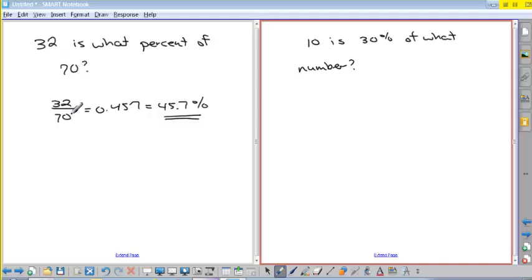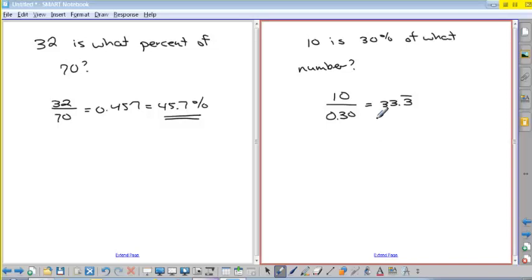So it's the same ratio, but in a slightly different form. The way you do that is you take the number and you divide by the decimal equivalent of the percent that they're talking about. So you'll get 10 divided by the decimal equivalent of 30%, and 33.33.